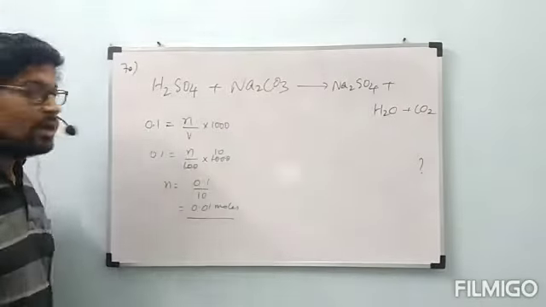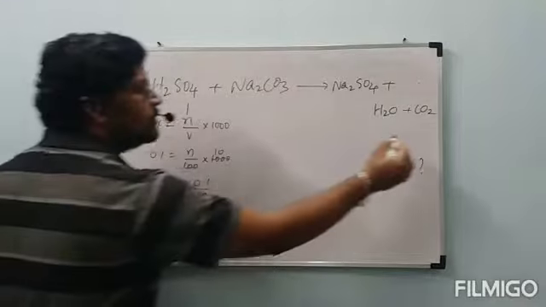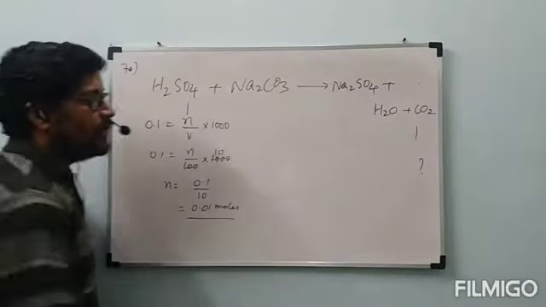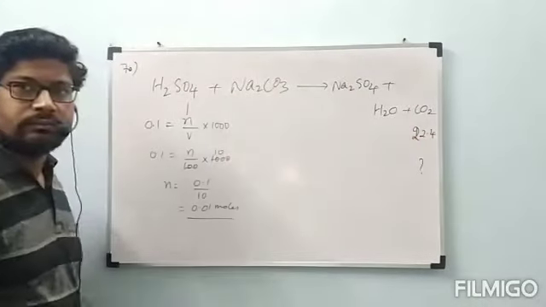According to the stoichiometric equation, 1 mole of H2SO4 will give 22.4 liters of CO2.